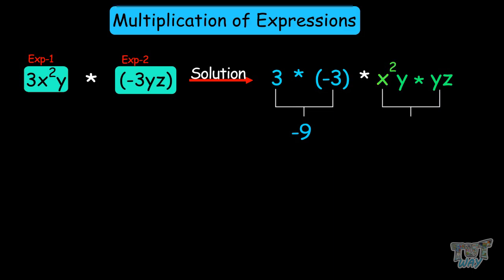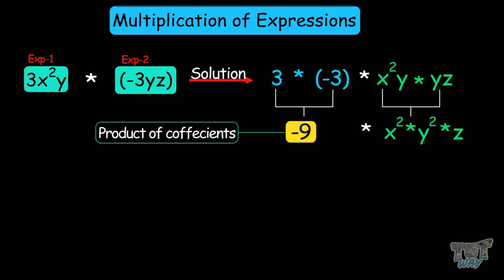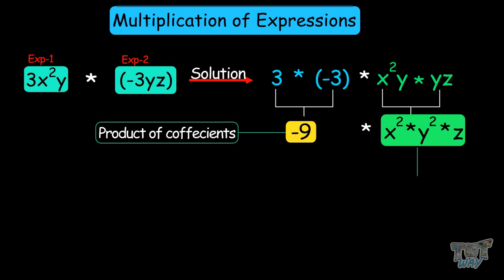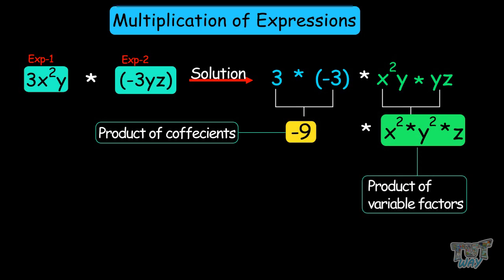Now here we only have one x squared, and then we move on to the y's. y times y becomes y squared, and we only have one z, so times z. Now we multiply all of this together to get negative 9, the product of coefficients, times x squared times y squared times z, product of variables.